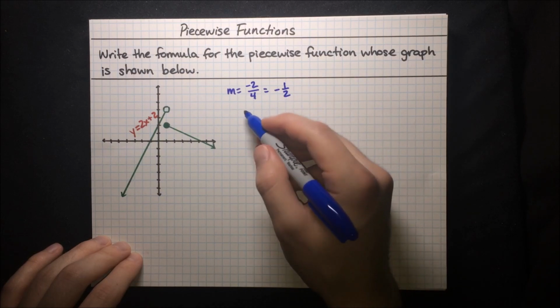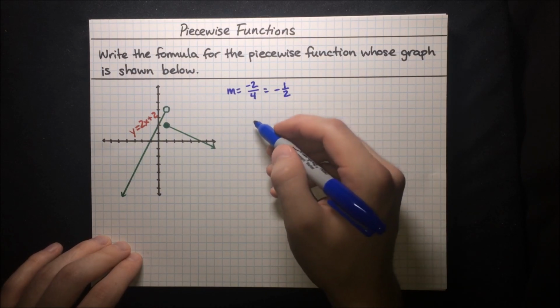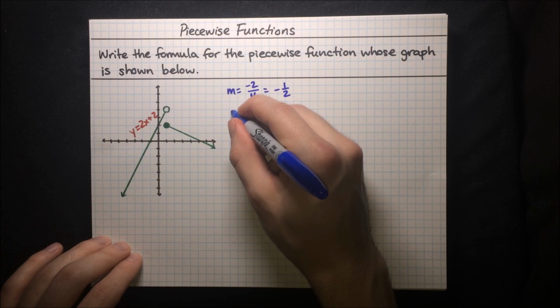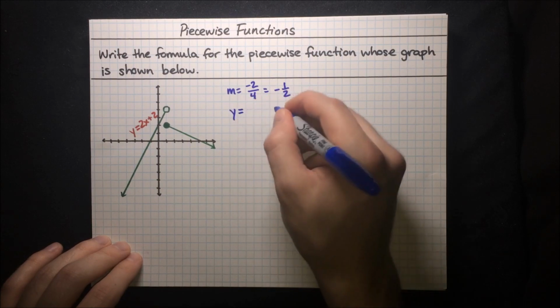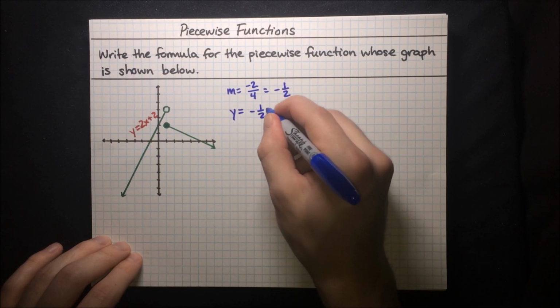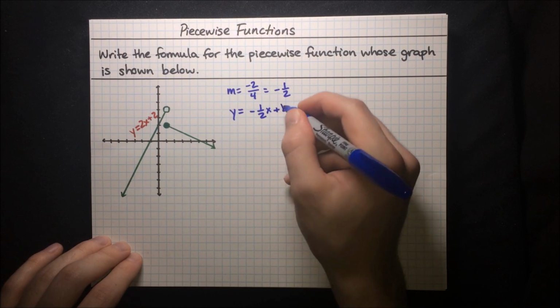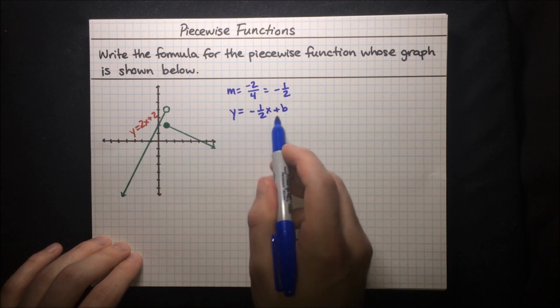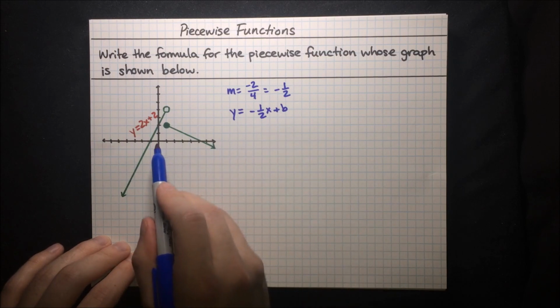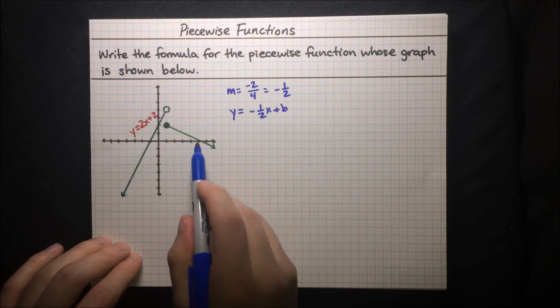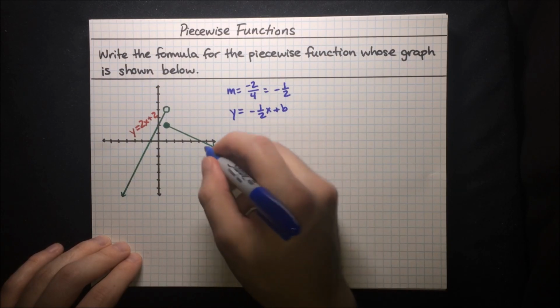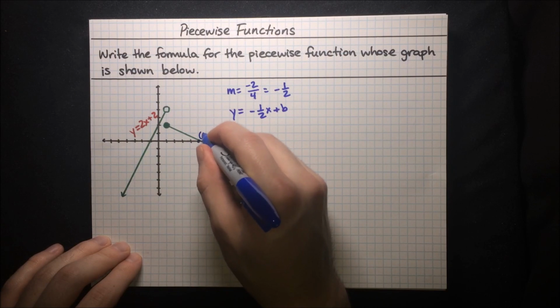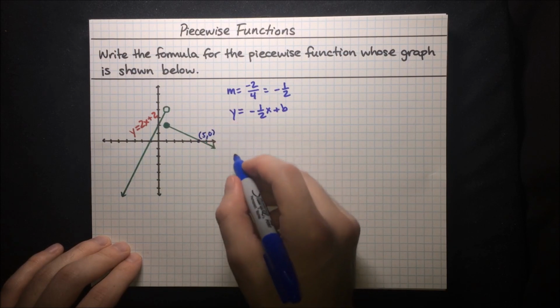And then what about the y-intercept? Well, we can go ahead and set up an equation and solve. So let's use y equals negative a half x plus b, and let's pick out a point on that line that we can plug in and solve for b. The clearest point maybe is 1, 2, 3, 4, 5. When x is 5, y is 0. So we'll take that point (5, 0) and plug it in here.